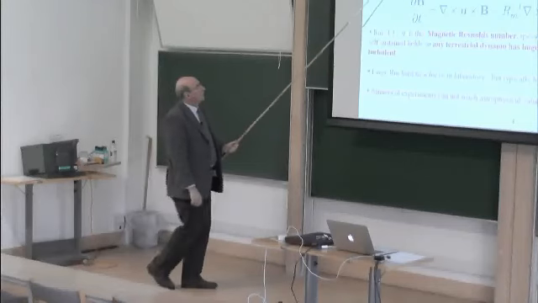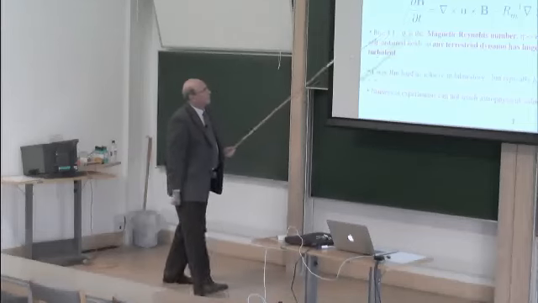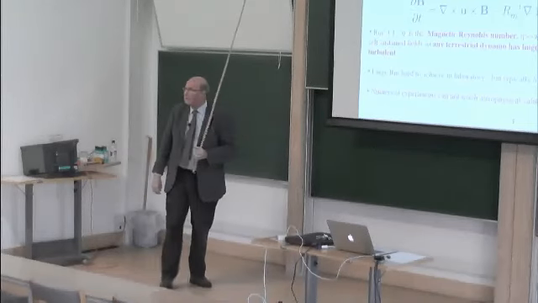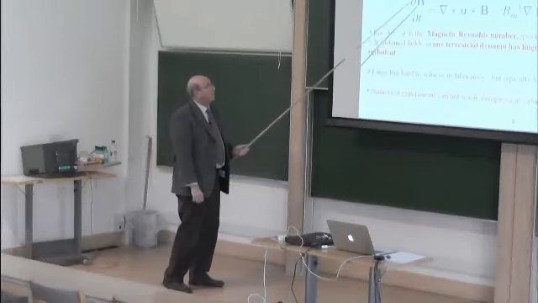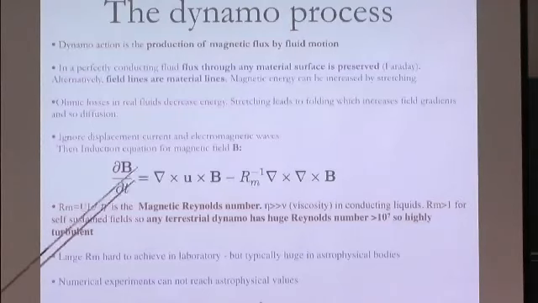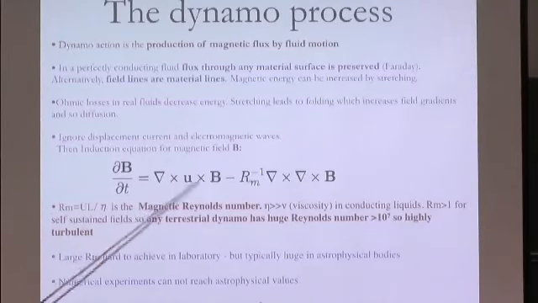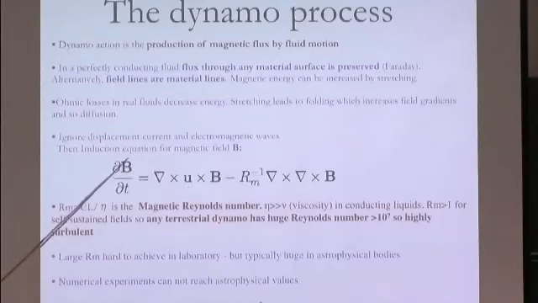And in this game, we ignore the displacement current in Maxwell's equations, and therefore we don't have any electromagnetic waves. And if you then look at Ohm's law in the moving fluid, you can eliminate the electric field and write a closed equation for the magnetic field B, which depends on the velocity. So this first part, if it was without this second term, that is Faraday's law, if you wish.